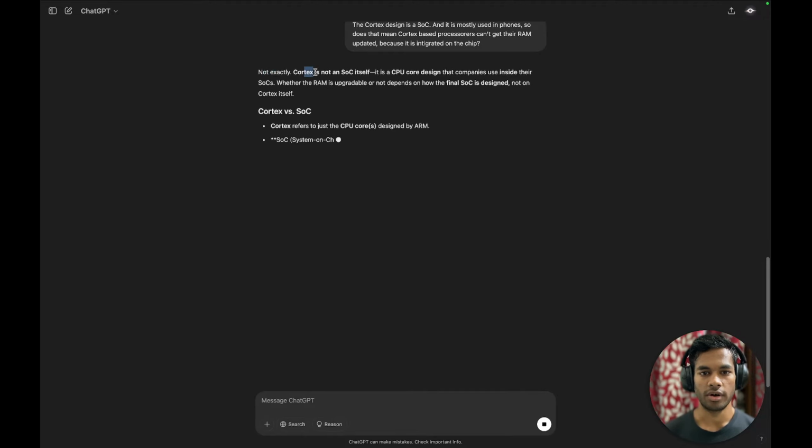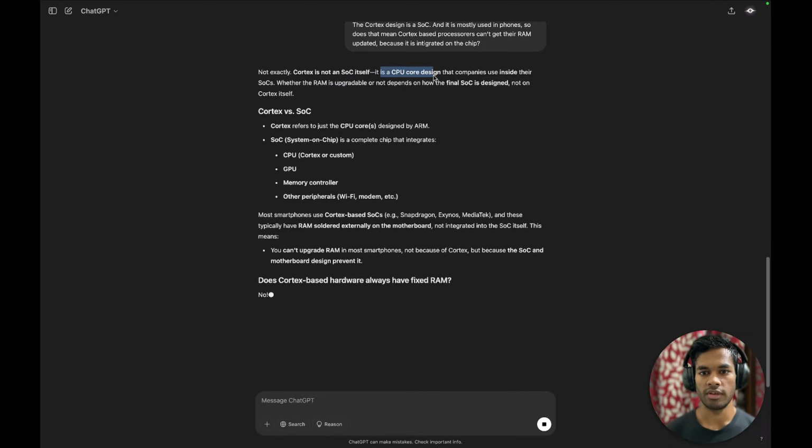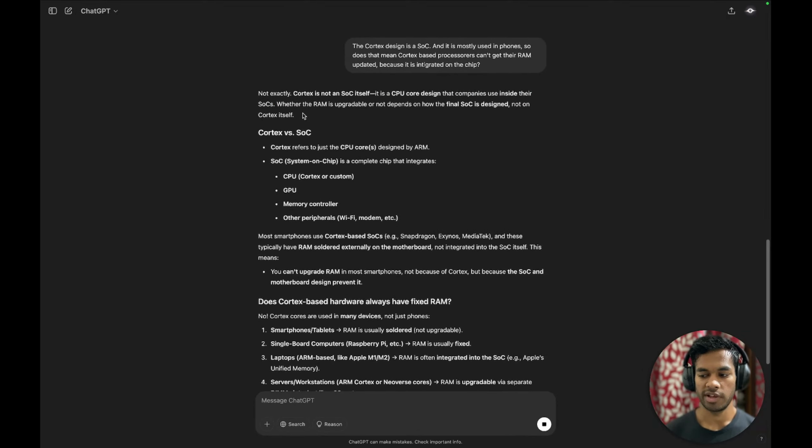Not exactly. Cortex is not an SoC itself. It is a CPU core design that companies use inside their SoCs. So, okay, Cortex is only the core design. It does not specify the RAM that you are using.